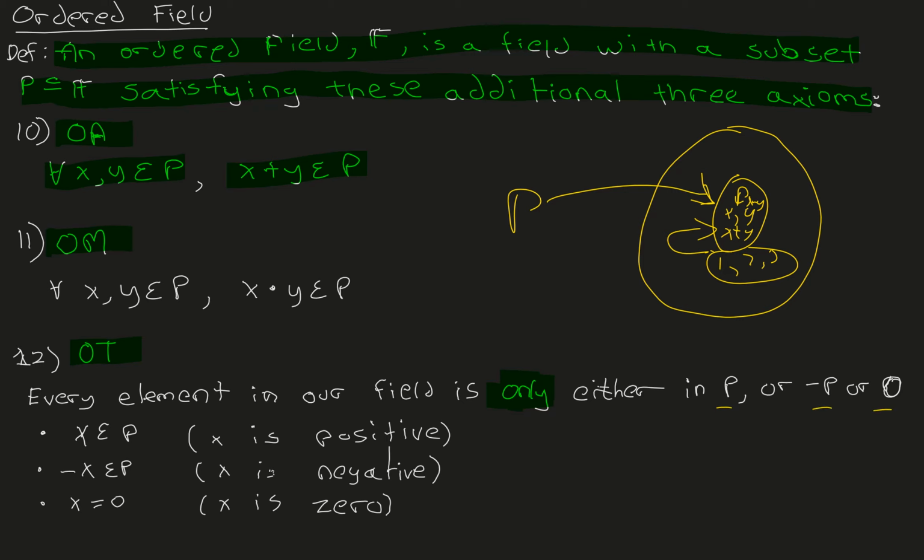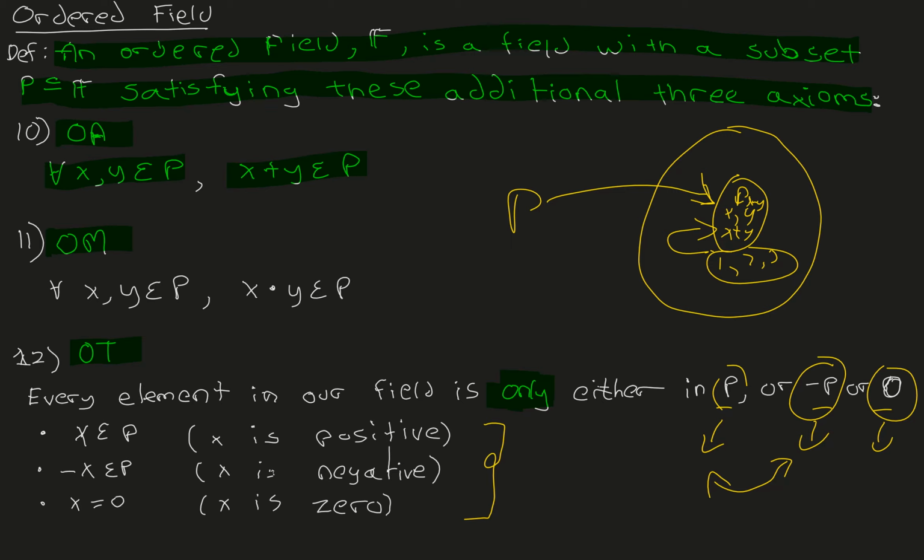So basically, what it is saying is every element is either positive or negative or it's 0. No one element can satisfy more than one of these properties. It's either positive, negative, or 0. So that's what OT basically says.